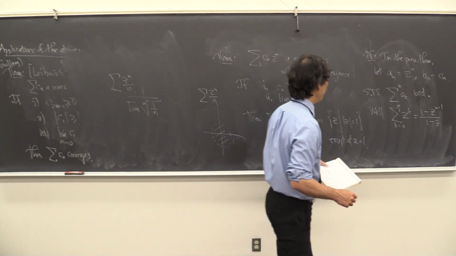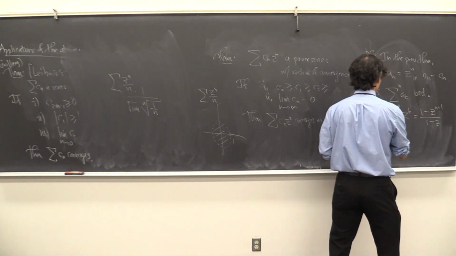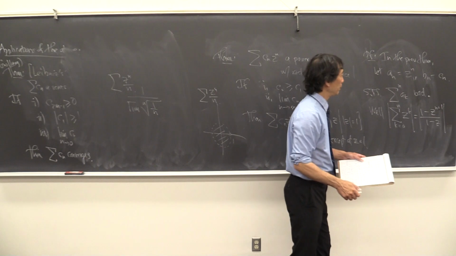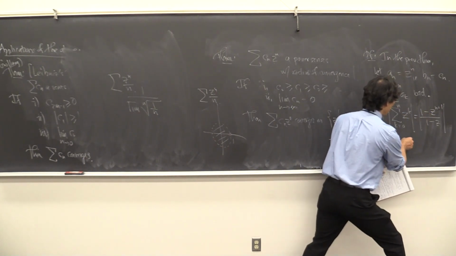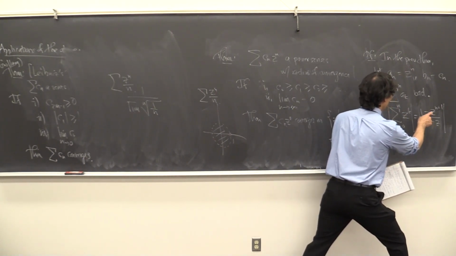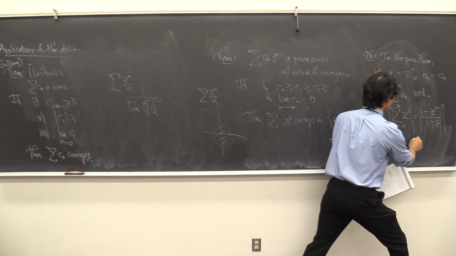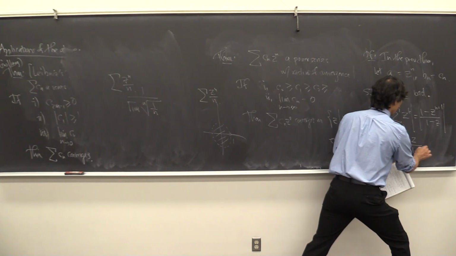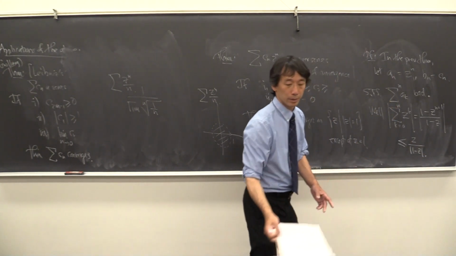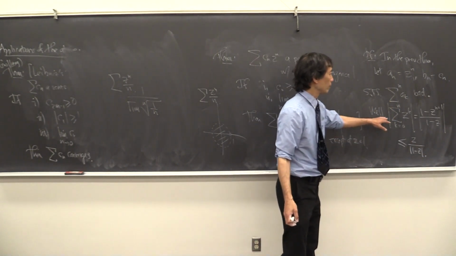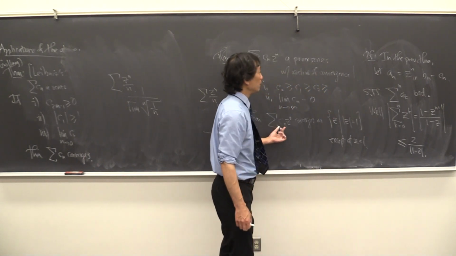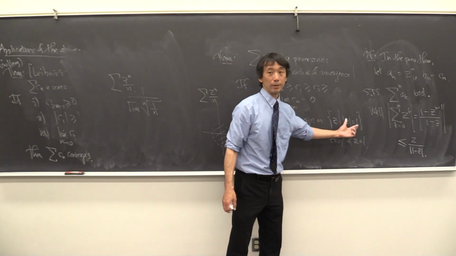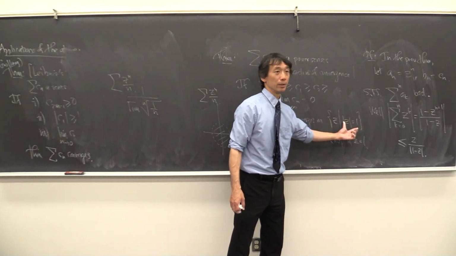Okay. So is it bounded? Well, the top is smaller than 2, and the bottom is just the absolute value of 1 minus z. We're looking at z with magnitude 1.